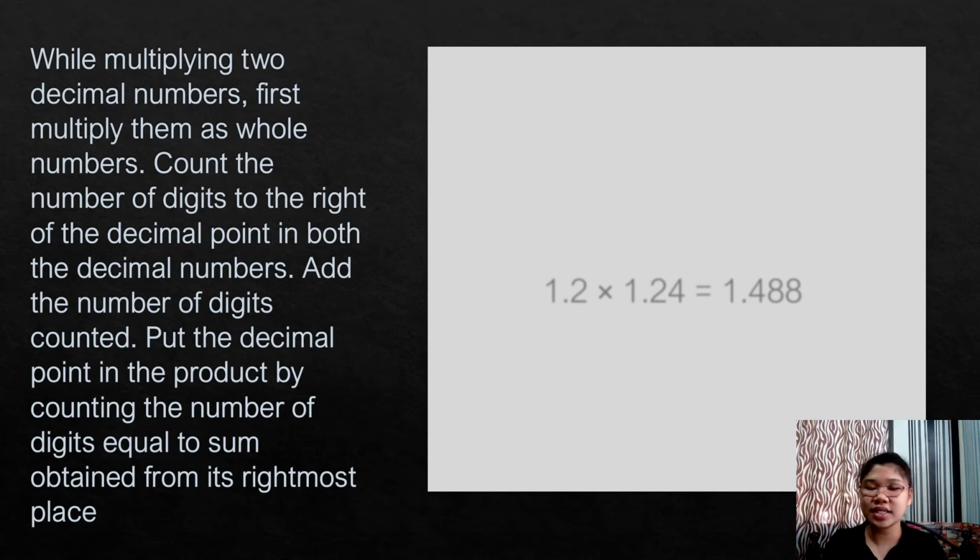As an example, we have 1.2 multiplied by 1.24. When we treat this as 12 times 124, that's the first thing to do. Let us solve: 12 times 124 is 1,488. So the first step is done.